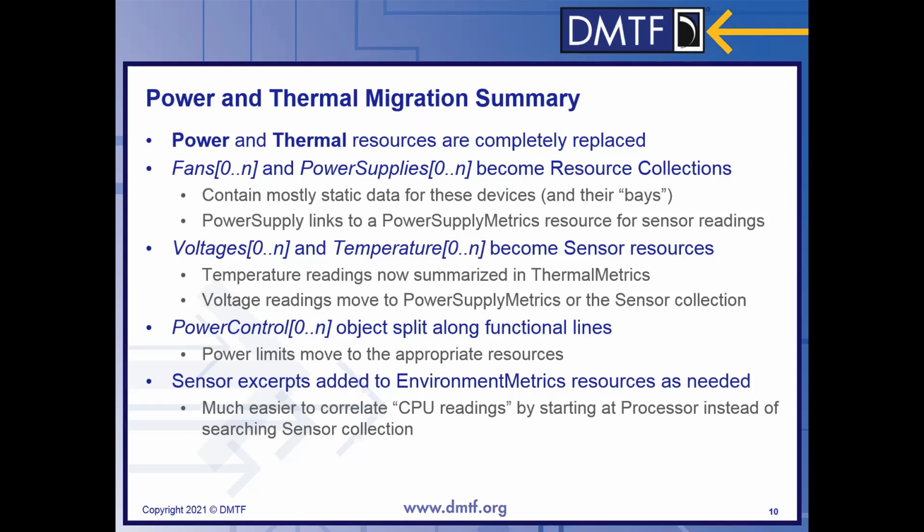The power readings and other things that were in that power control array either move to the power supply or to an environment metrics resource that is centered on any particular device.